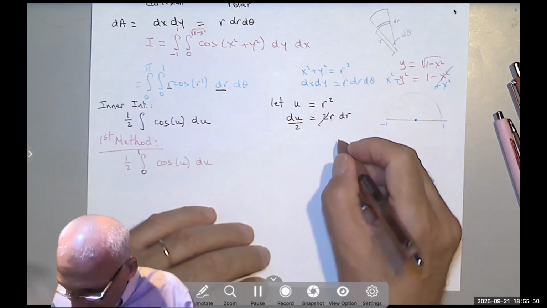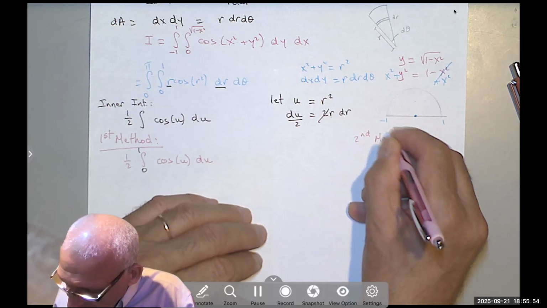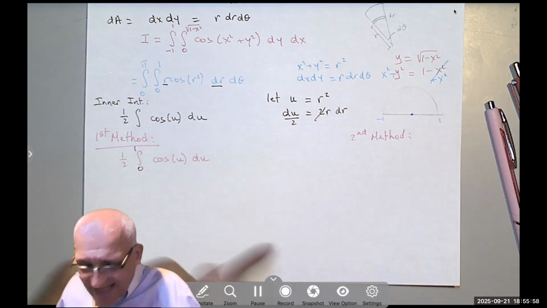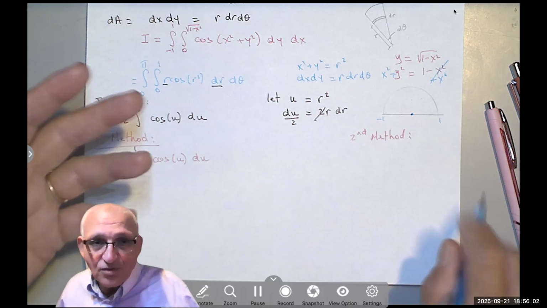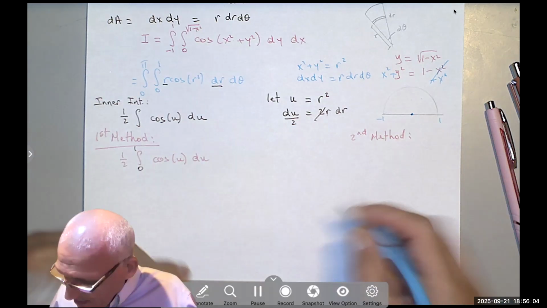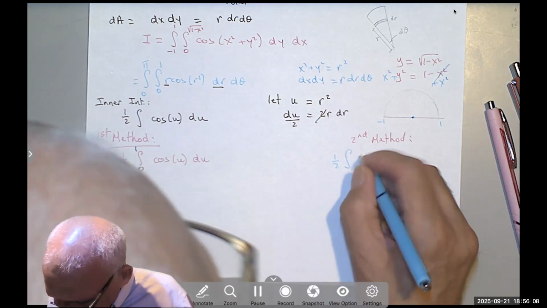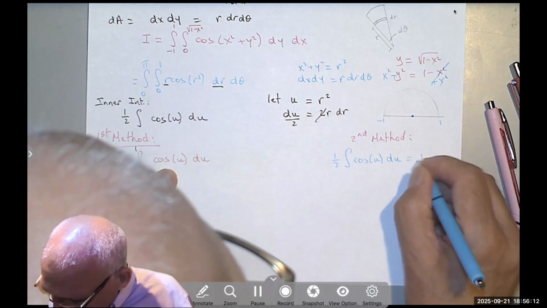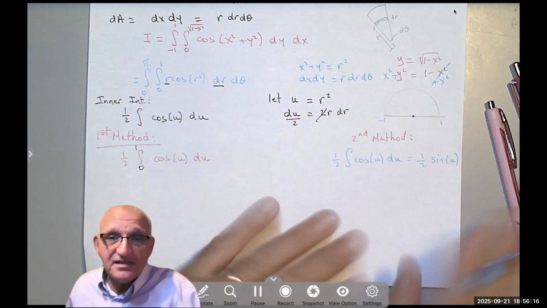The second method is that you evaluate the integral as if it were an indefinite integral. So you would say 1/2 times the integral of cosine u du, you get 1/2 sine u. And you leave it like that, you don't add a constant.